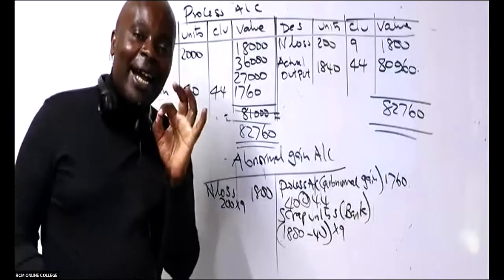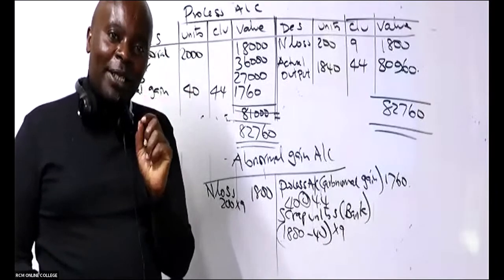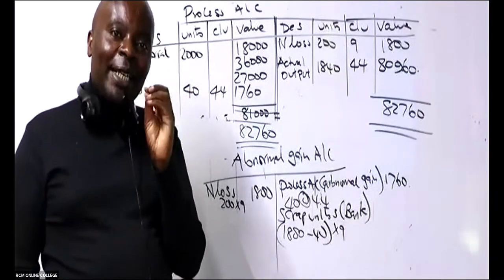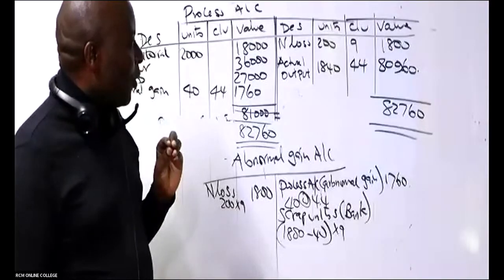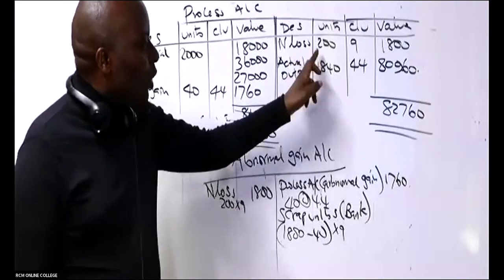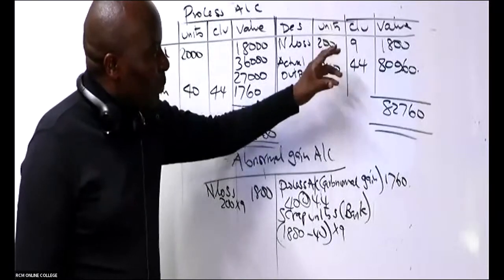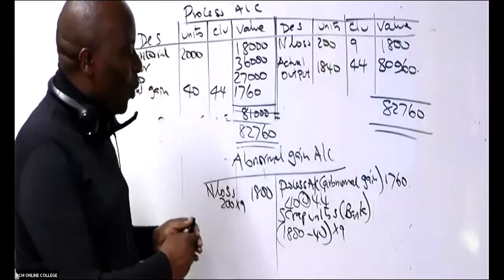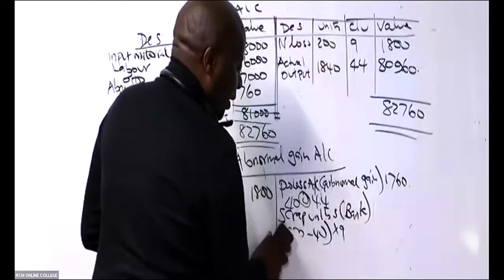Because you see, as process costing experts, we expected the loss to be, sorry for that, I was picking the value, we expected the loss to be 200 units.